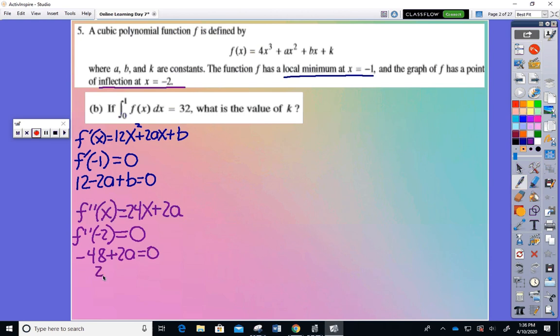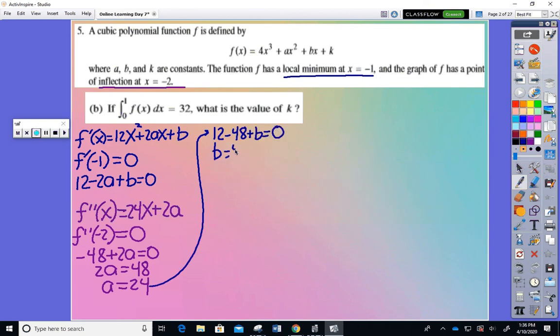That gives me 2a equals 48, and a is going to be 24. Awesome. Once I find that a is 24, I can go back and find b. That's going to be 12 minus 2a, which is minus 48, plus b equals 0. So b is going to be 48 minus 12, or 36.